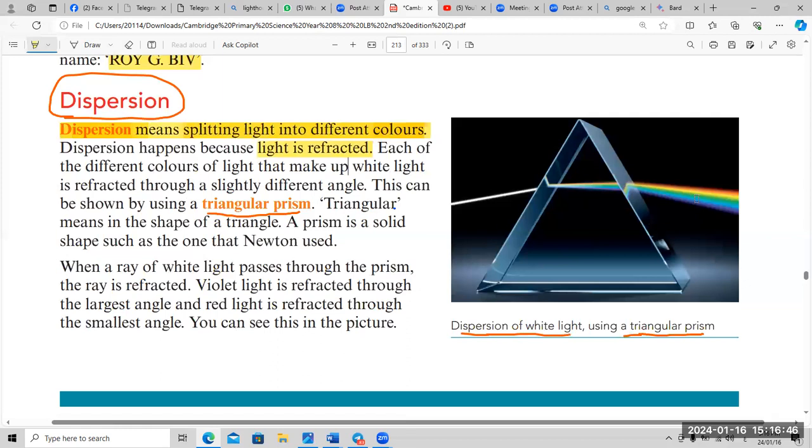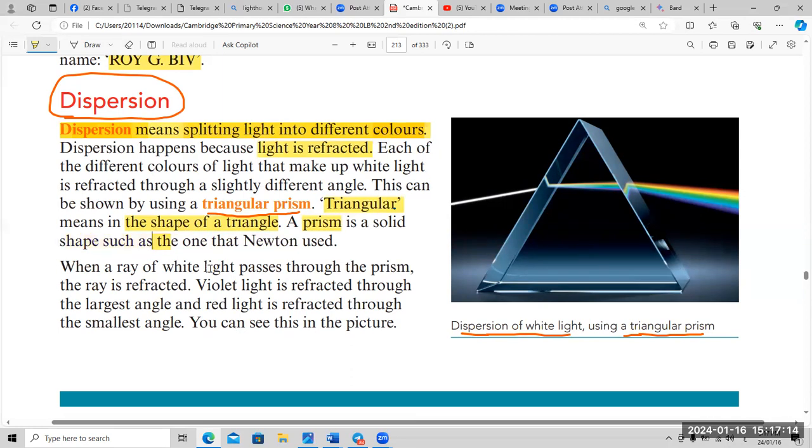Each color in these 7 colors has a special angle. This can be shown by using a triangular prism. Triangular means in the shape of a triangle, and a prism is a solid shape such as the one that Newton used.